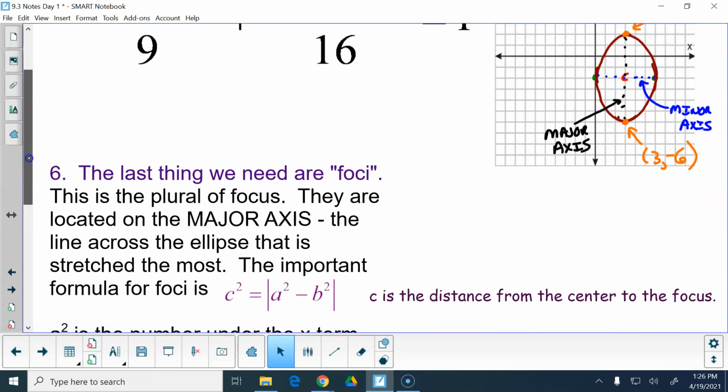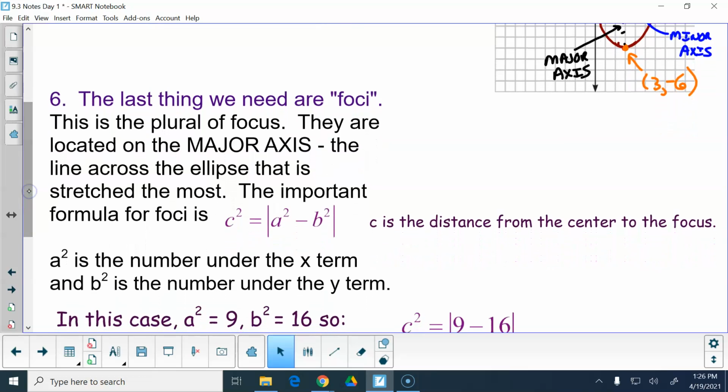Okay? The most important formula for foci is this one right here.